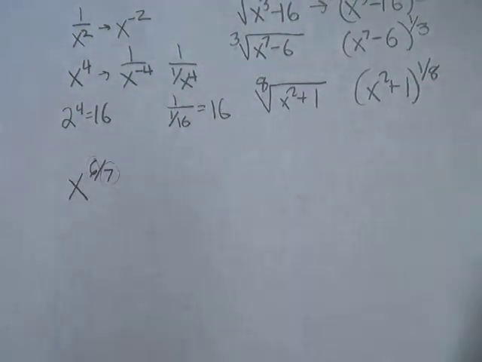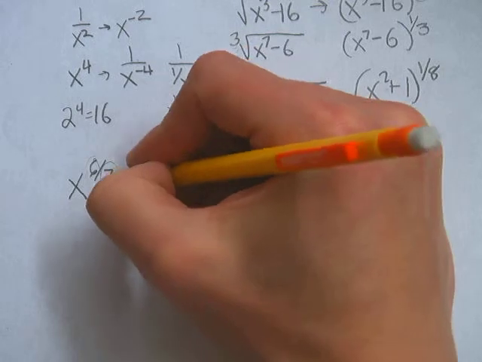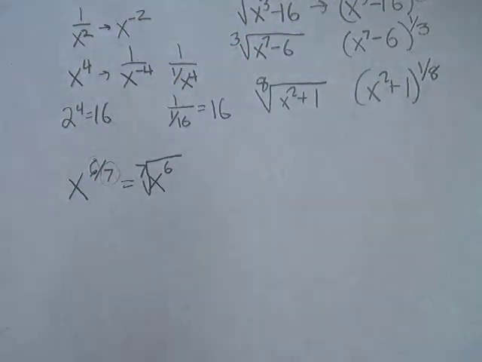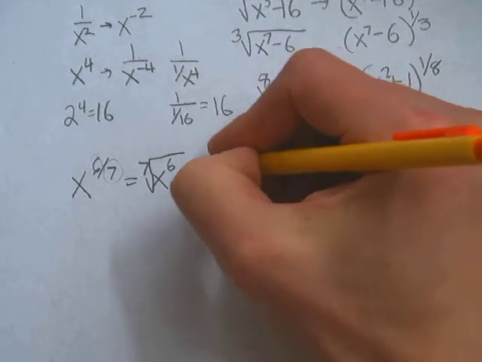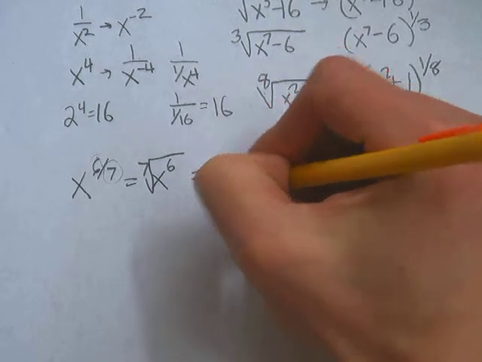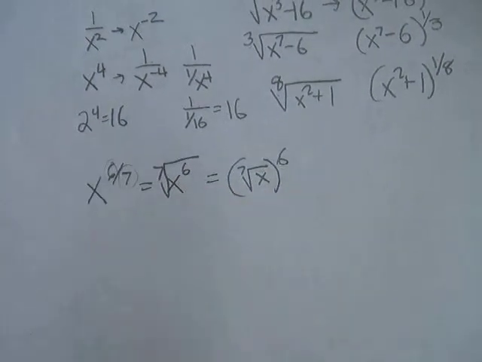So there are two ways to do this. One way, x to the 6th, and I just 7th root it like that. And the other way is the 7th root of x to the 6th power. It actually doesn't matter which one I do, because they're the same. In both of them, I'm raising it to the 6th, and in both of them, I'm 7th rooting it.